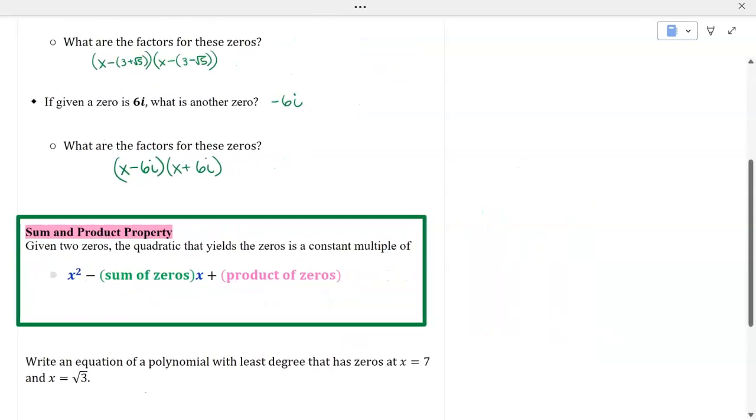I want to go through an example first with just rational numbers that we know and it's easy for us to do. What if I told you that the zeros were x equals 5 and x equals 3? Using this sum and product, we could take the sum of these two zeros, so 5 plus 3, and that gives me 8.